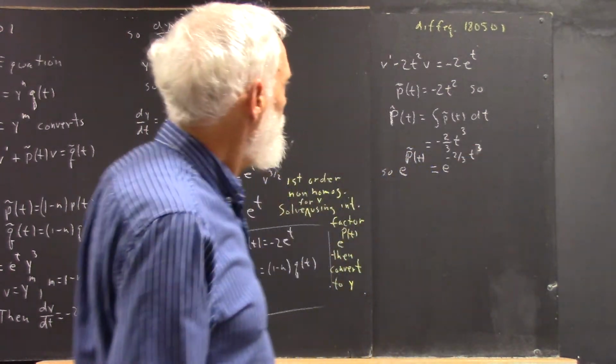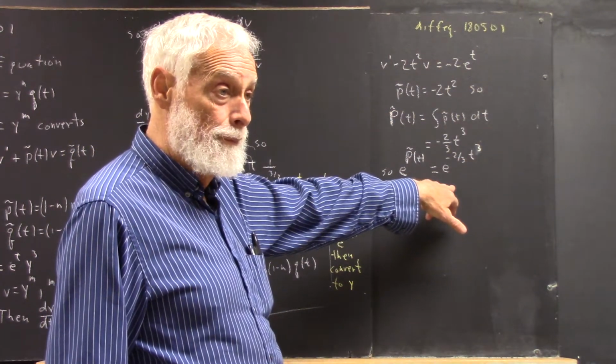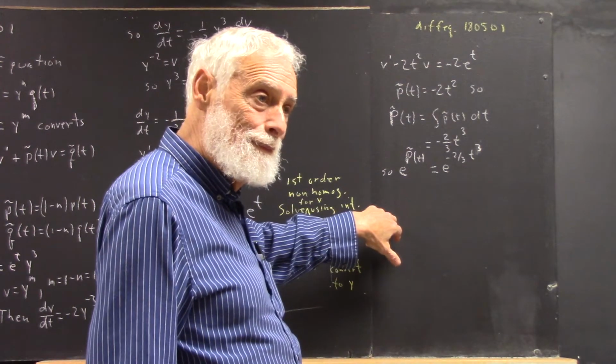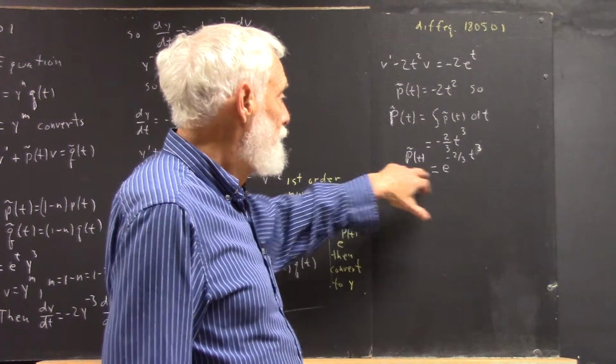If I multiply both sides of this equation by the integrating factor, the left-hand side becomes the derivative of y times e to this.